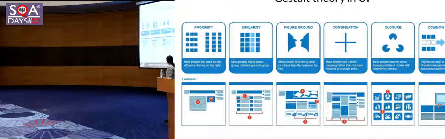Then we have the principle of continuation. I don't know about you, but I normally see just two lines crossing in the middle. Why we don't see four lines with points together in the middle is a matter of interpretation. Our eyes are objective, but our interpretation is subjective.